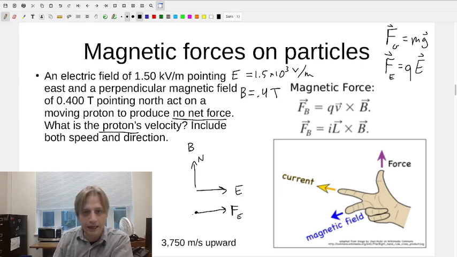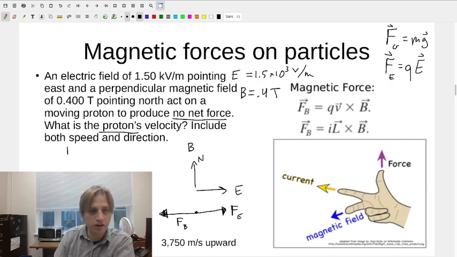Okay, in that case, then our force from electricity would have to be just the same magnitude and in the opposite direction as the magnetic force to give us that cancellation.